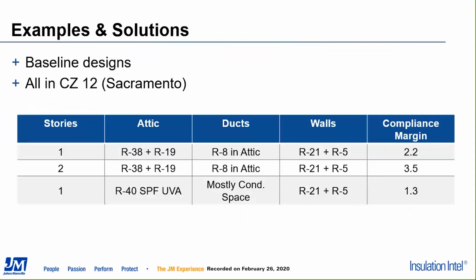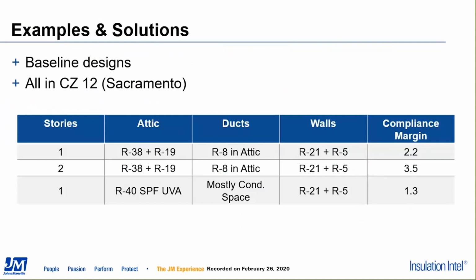The table that we have here shows the 3 baseline designs that we're going to be starting with today, and then we're going to start turning some knobs in terms of insulation, air sealing, and some other things.